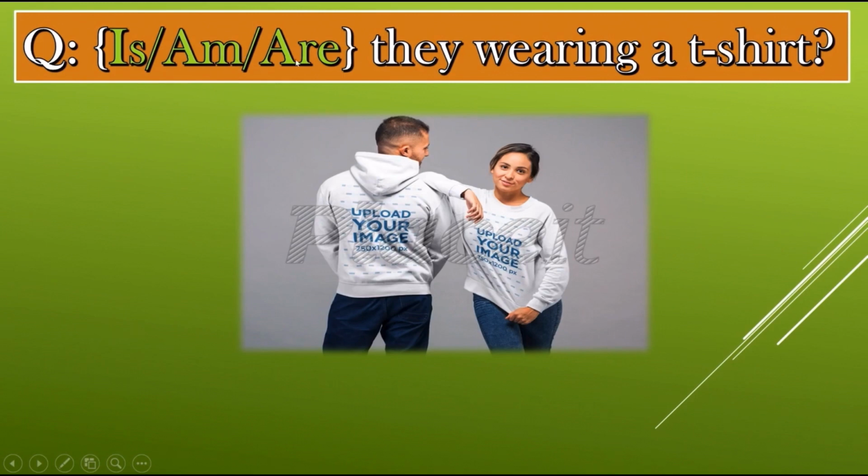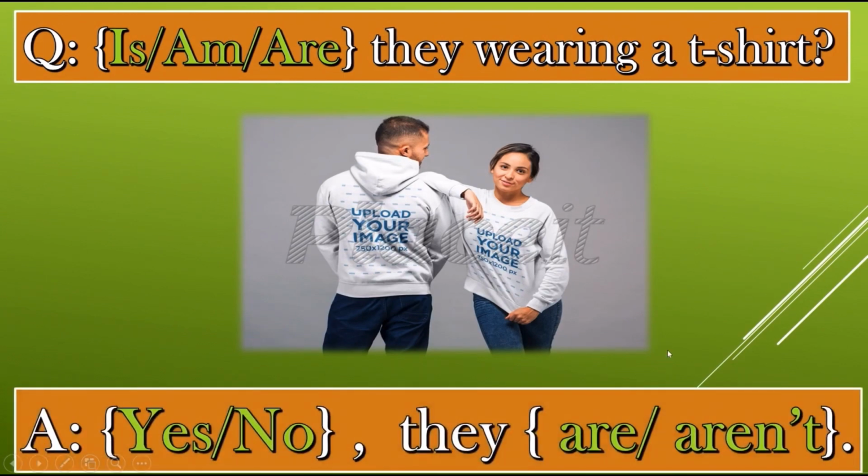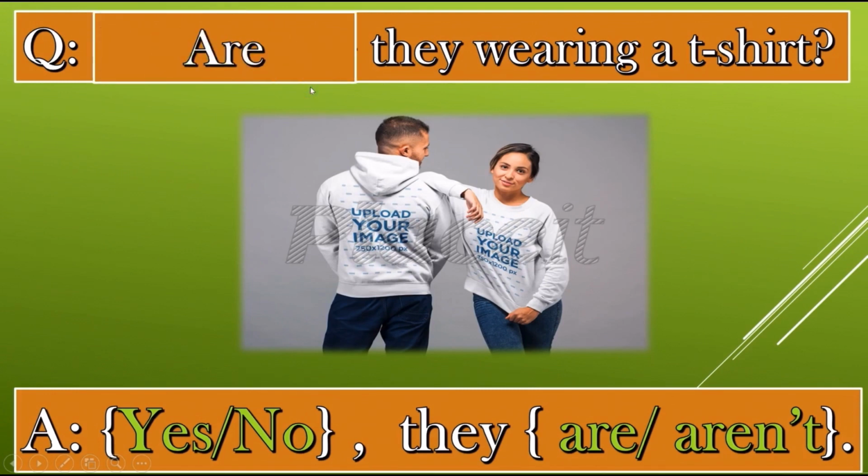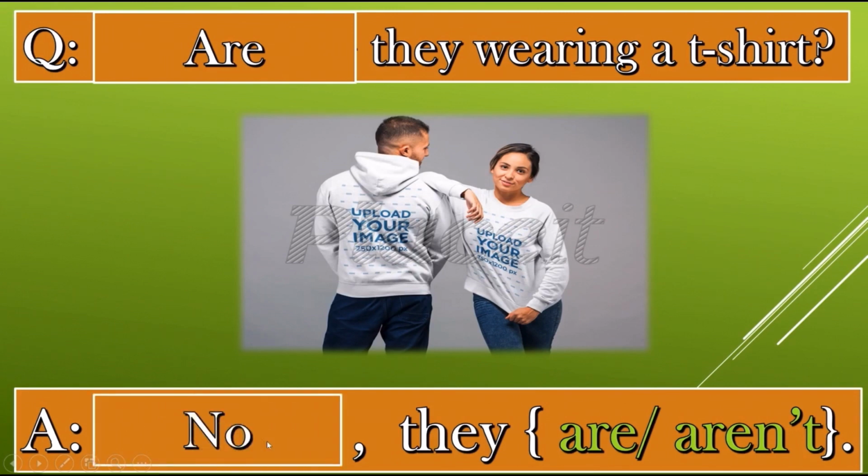Let's go to another example. Here we have, is, are they wearing a t-shirt? What's your answer there? Is, or are? The answer is are. Why? Because the subject is they. Okay? So, are they wearing a t-shirt? Look here. T-shirt? Yes or no? No, they are not wearing a t-shirt.